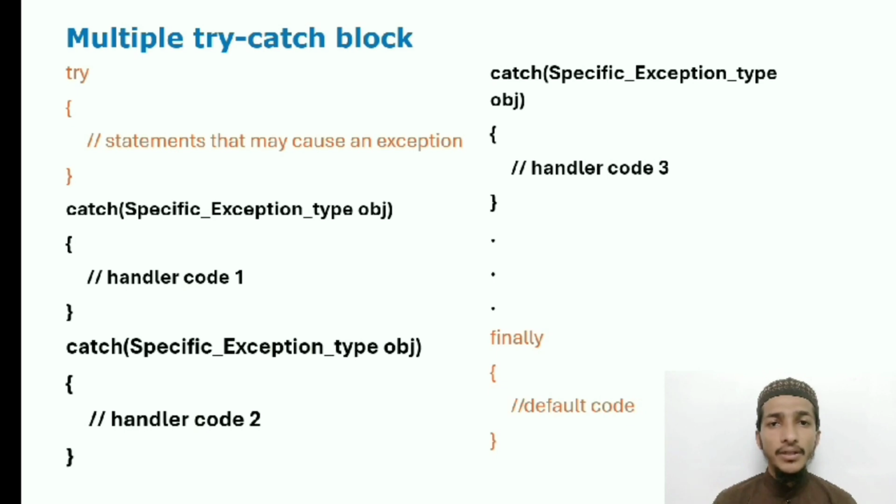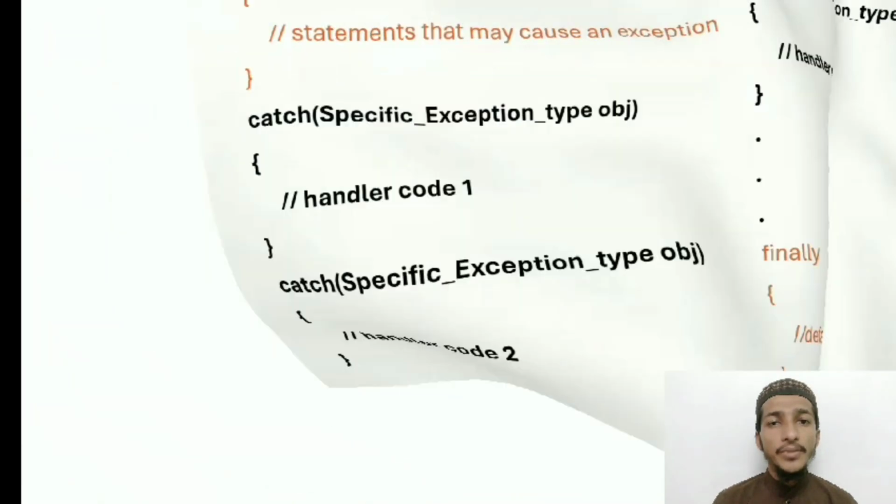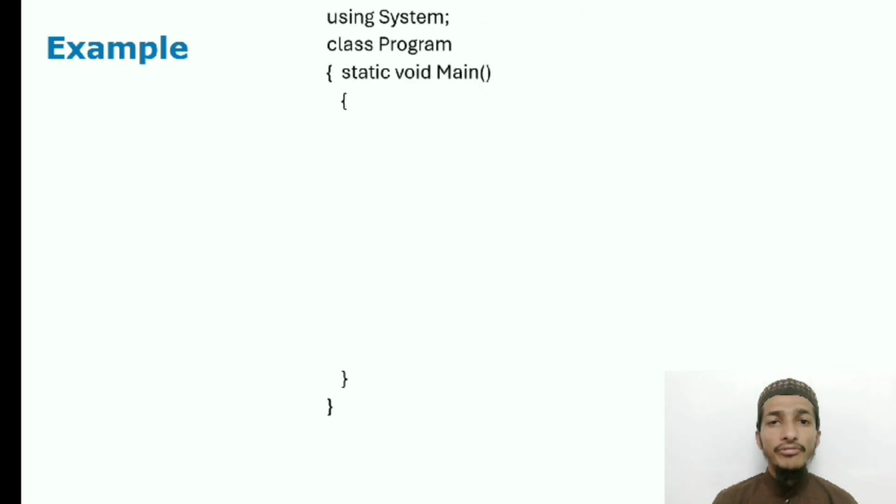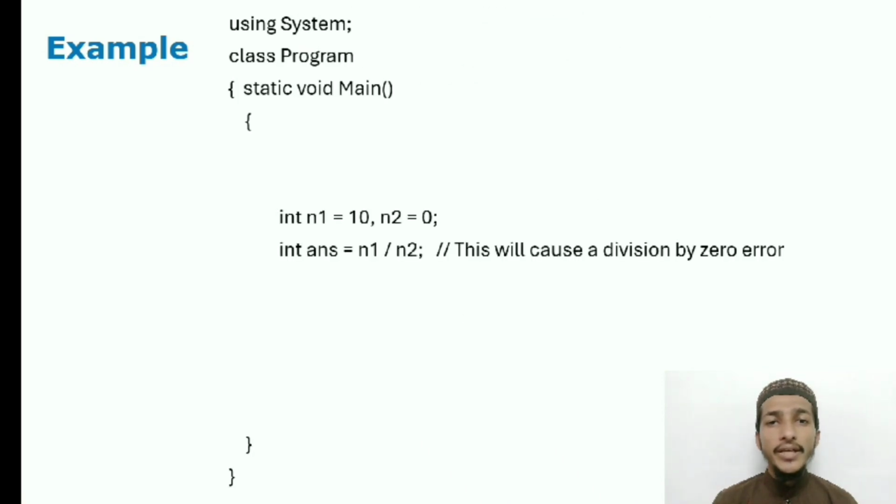Let's take an example to understand the concept in a better way. We are taking two variables of integer data type, n1 and n2, and trying to divide the number 1 by number 2. Since number 2 is 0 and we cannot divide any number by 0, this will throw an exception.